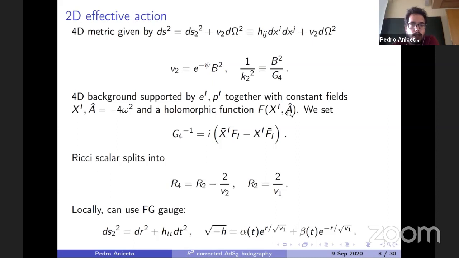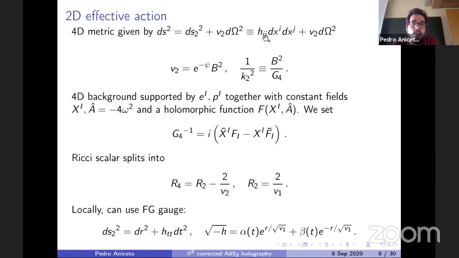We furthermore set the four-dimensional Newton's constant to be given by this combination of the scalar fields with the holomorphic function. In terms of notation, whenever the holomorphic f appears with these indices I or A or epsilon eventually, it just means that it's a derivative with respect to them.